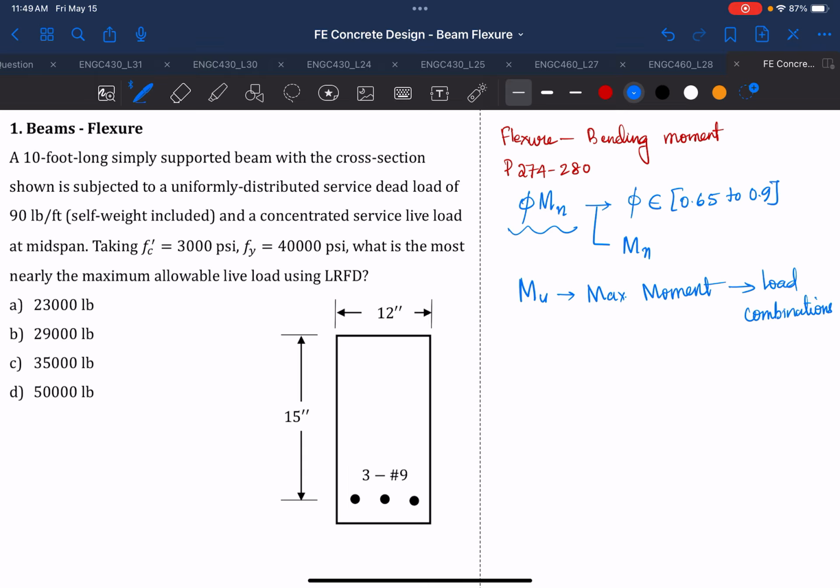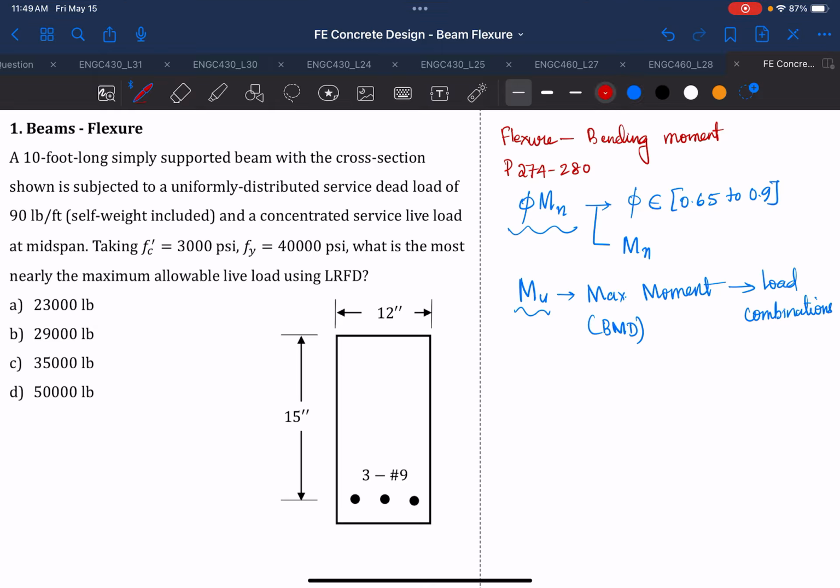So how do you know the maximum moment? That's where your understanding of the bending moment diagram is very important. Once you understand what the bending moment diagram looks like, you can tell where the maximum moment will happen in a beam. We are going to use these two concepts in calculating beam flexure.